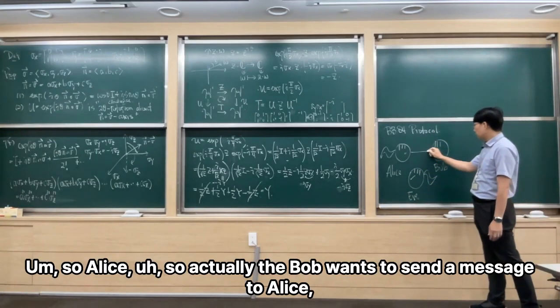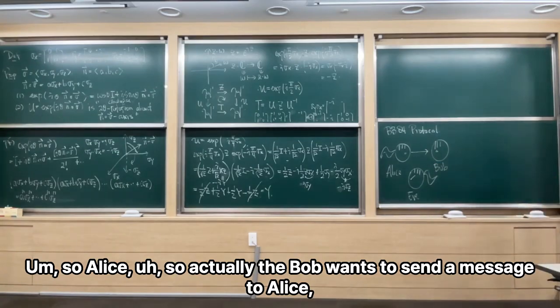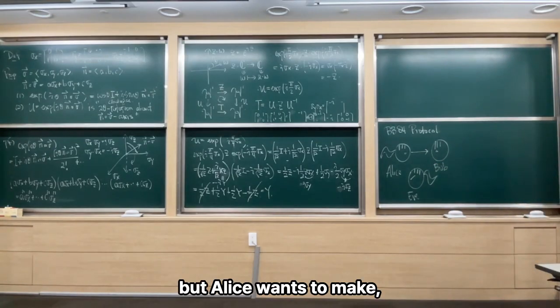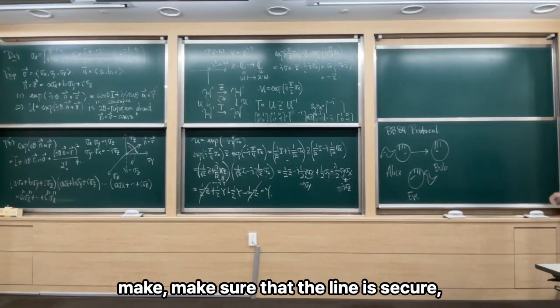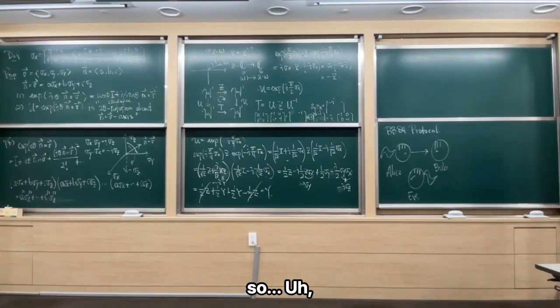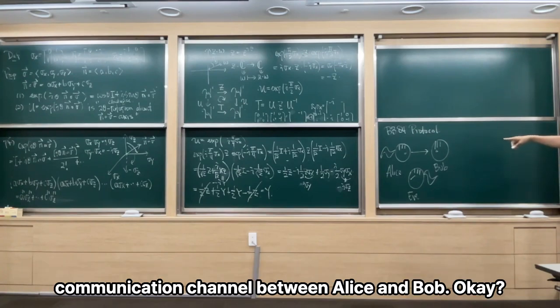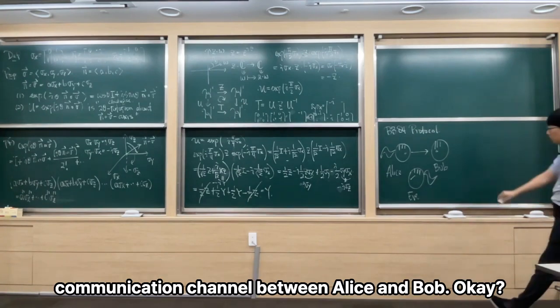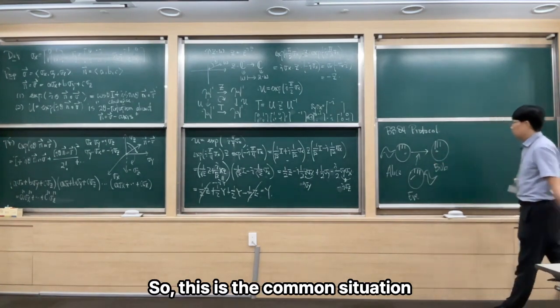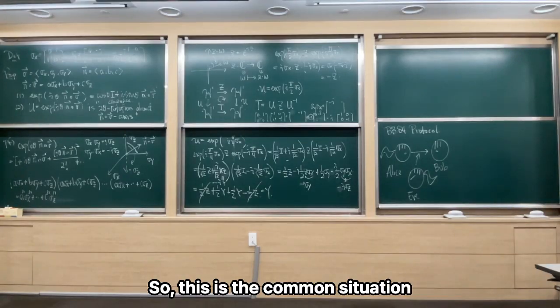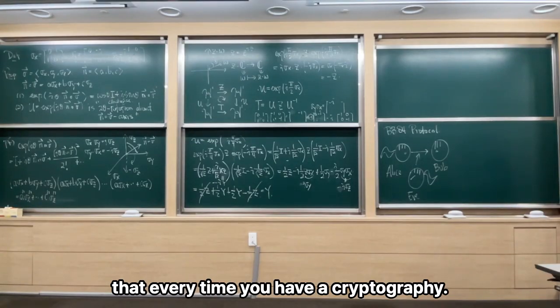So actually Bob wants to send a message to Alice, but Alice wants to make sure that the line is secure, because there's an Eve always eavesdropping on the communication channel between Alice and Bob. Okay, so this is the common situation every time you have cryptography.